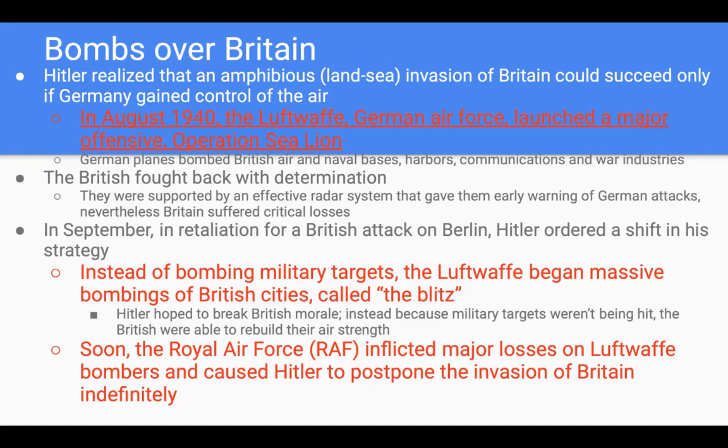Hitler had hoped to break British morale. Instead, because military targets weren't being hit, the British were actually able to rebuild their air strength, build planes, communication systems, all that jazz. Soon, the Royal Air Force, the RAF, inflicted major losses on the Luftwaffe bombers and caused Hitler to postpone the invasion of Britain indefinitely.